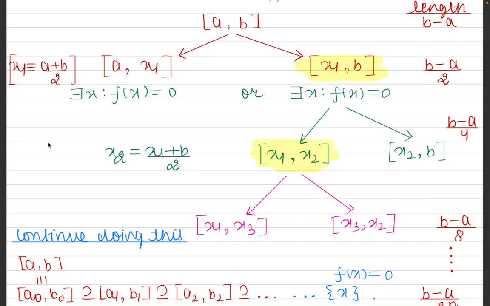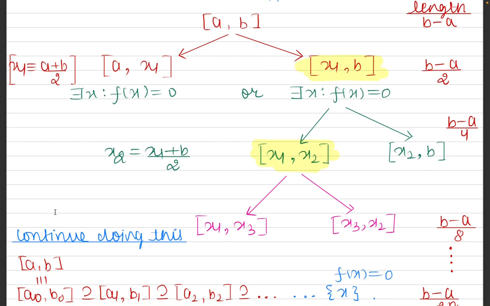So you started with a comma b, and then you cut it down into half, a comma x1, and let's say this is x1 comma b.